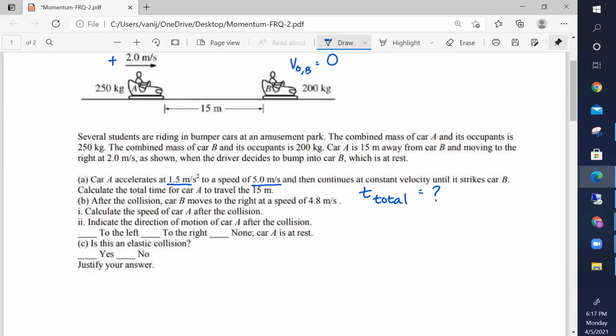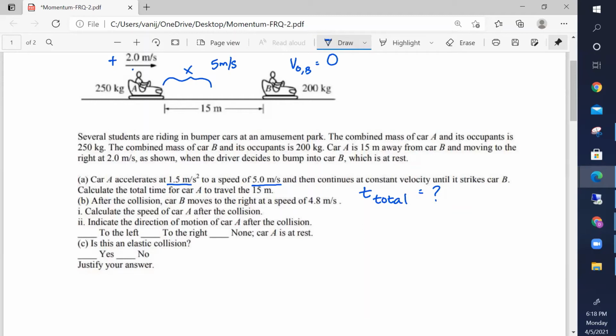So let's assume that car A traveled a distance x before its velocity changed to 5 meters per second. For that part, for the part of x displacement, the initial velocity is going to be 2 meters per second and the final velocity is going to be 5 meters per second.